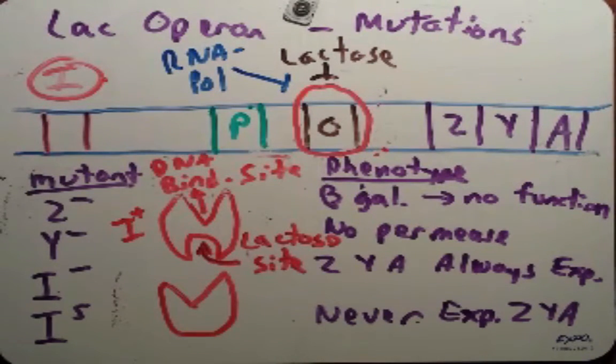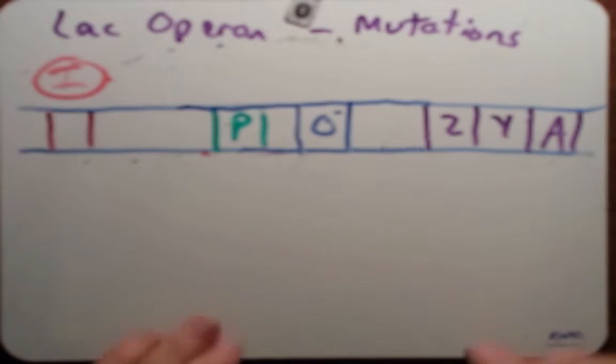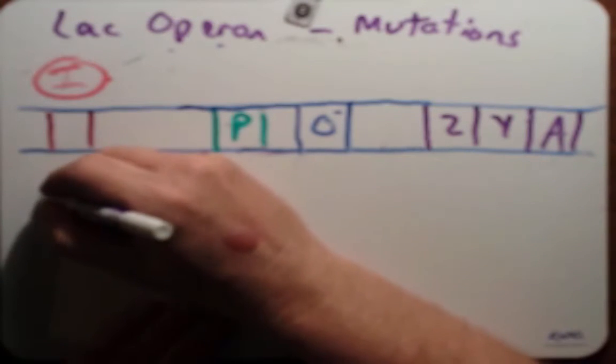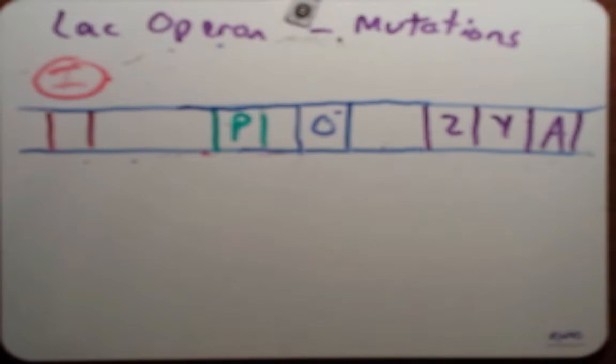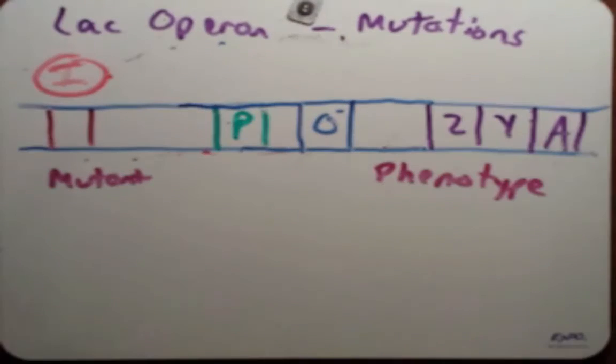Next, we want to talk about some of these regulatory mutants. So let me erase everything down here on the bottom. Okay, we now have our operon back in place here, and let's talk about some other mutants. One of the ones they discovered that had a pretty strong effect, so again, let's write our mutants here, and then the phenotype.